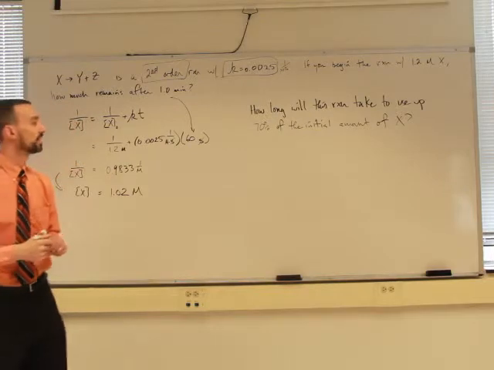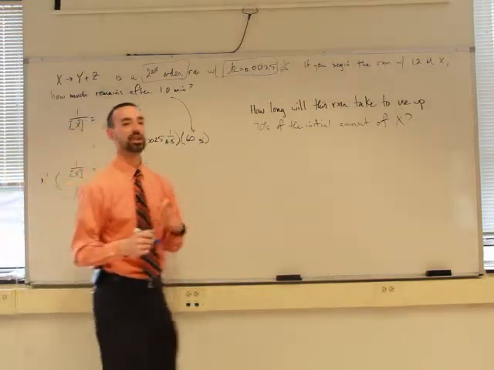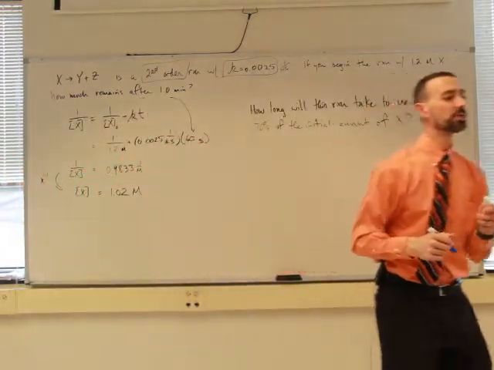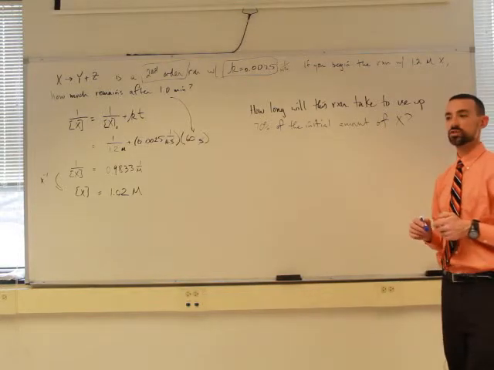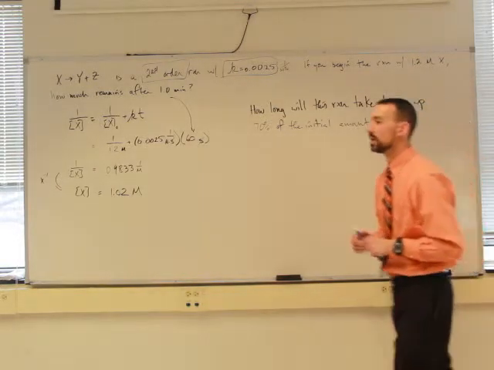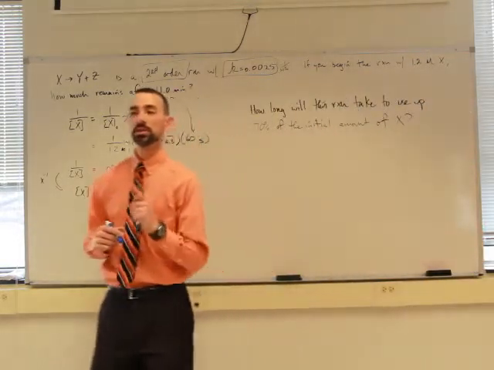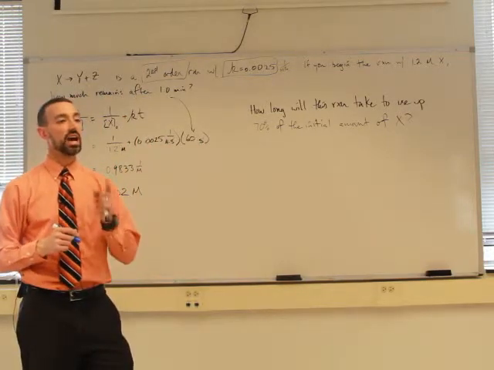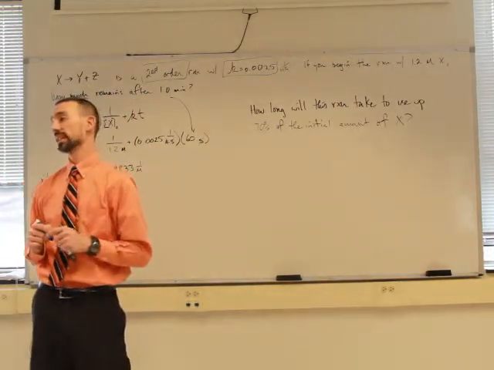Okay. How long is it going to take to use 70% of the amount of X you start with? Now the key to solving this problem is thinking very, very carefully and understanding the rules of kinetics.